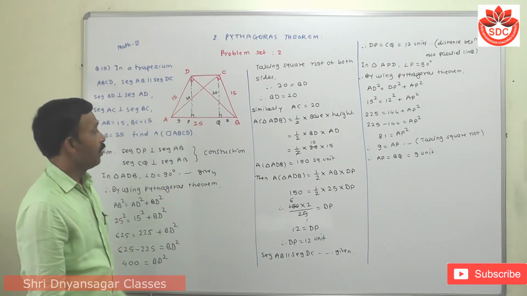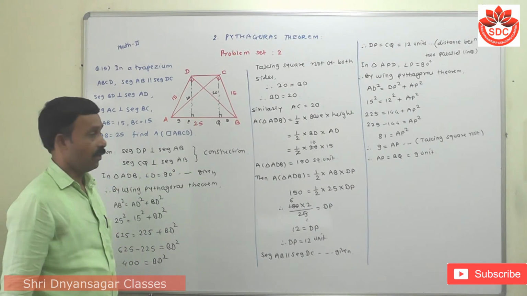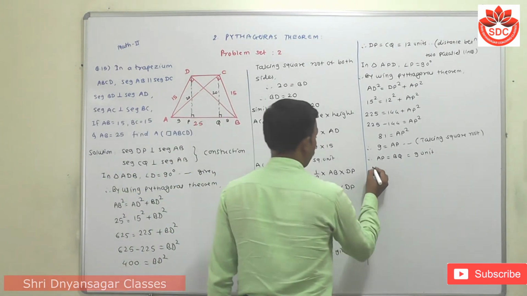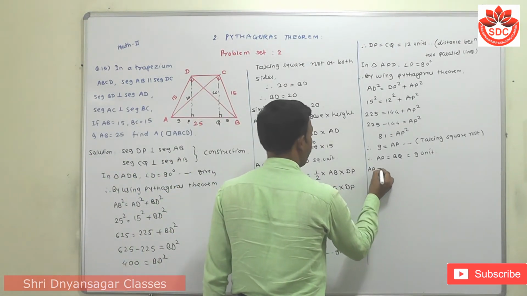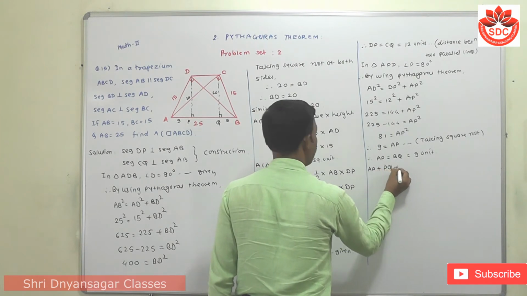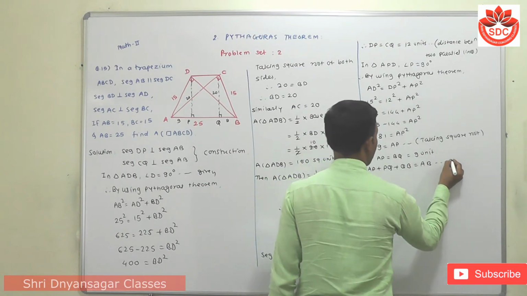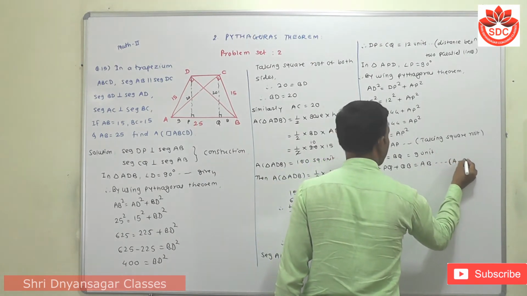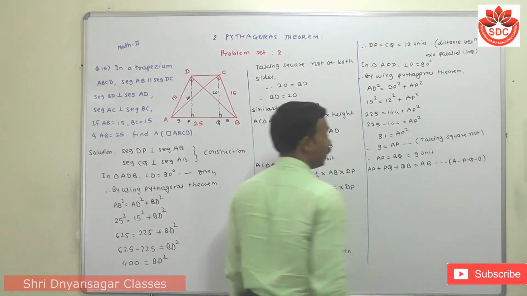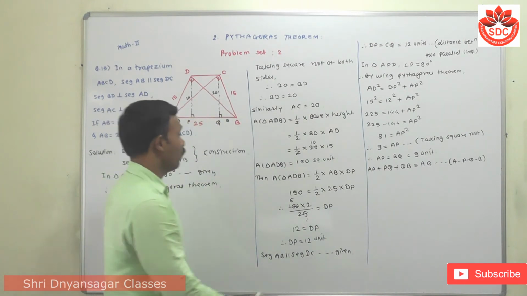Then I have to find out the value of PQ. How to find out here? Now we know that AP plus PQ plus QB is equal to AB. The reason is that A, P, Q, B are in between. We substitute the values here.